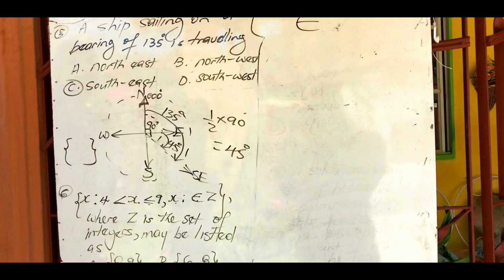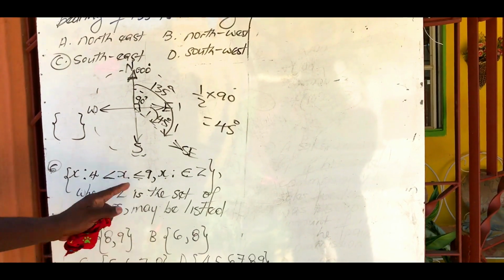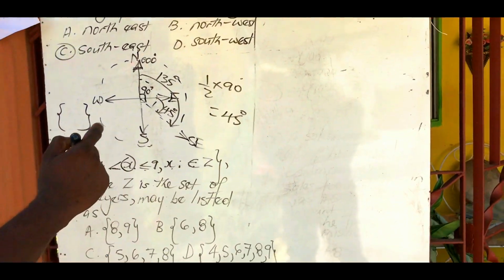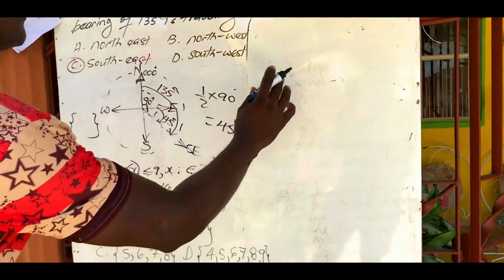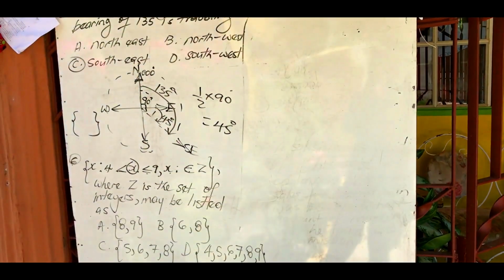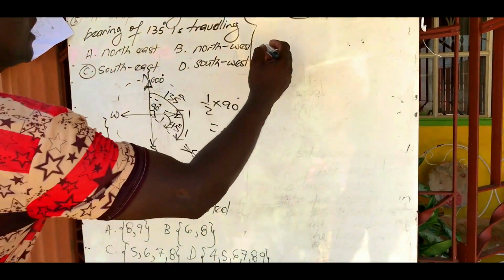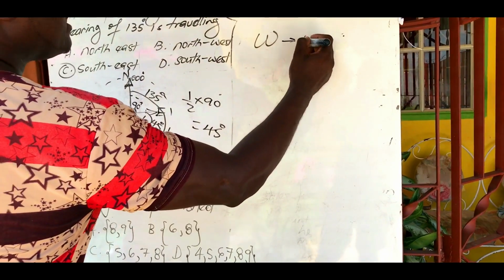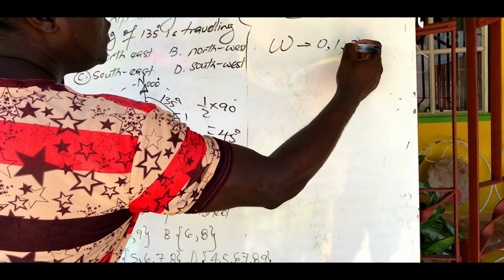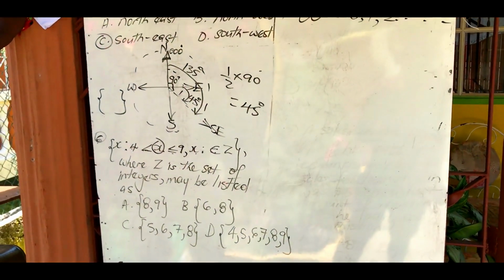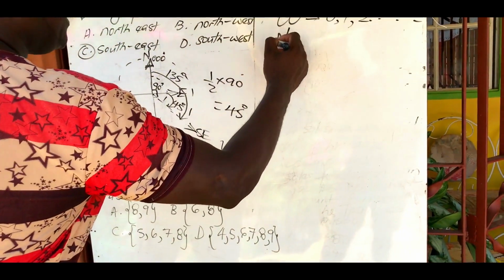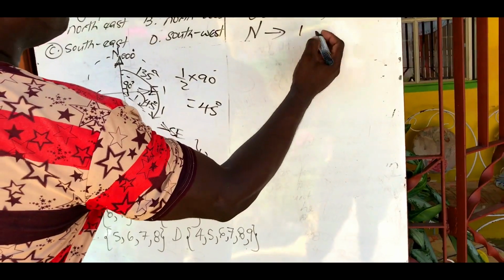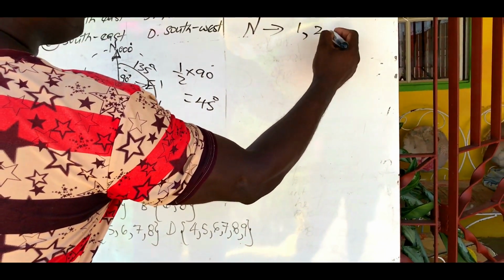So what we want is numbers greater than 4. But remember, we are actually looking at integers, which are the positive and the negative of the whole numbers. Whole numbers, represented by the letter W, actually begin from 0, going 1, 2, and go up. We also have what we call N, which represents the natural numbers or the counting numbers, which start from 1 going up.